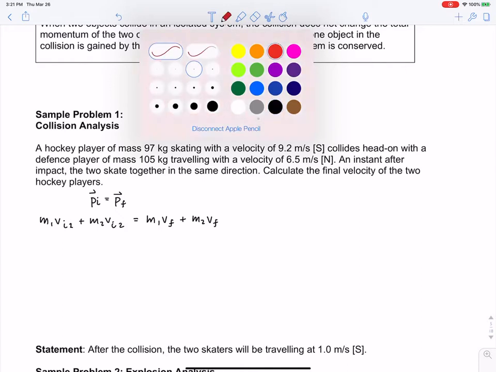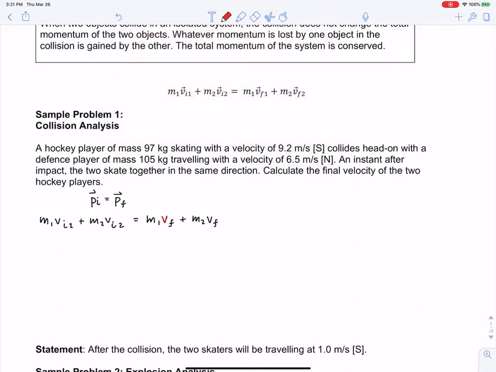And I haven't denoted the final velocities with separate subscripts for object 1 and object 2 because the two final velocities will be the same.